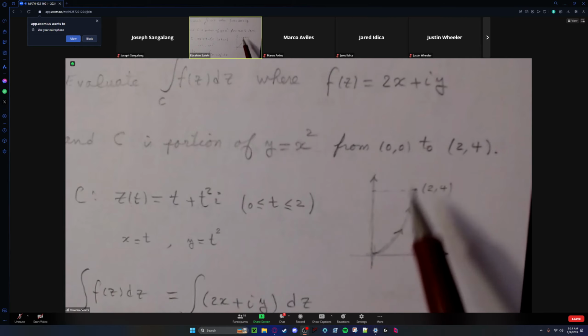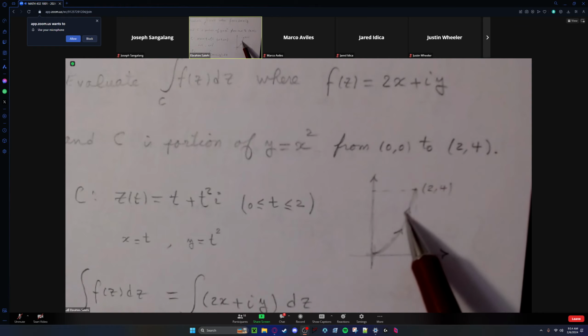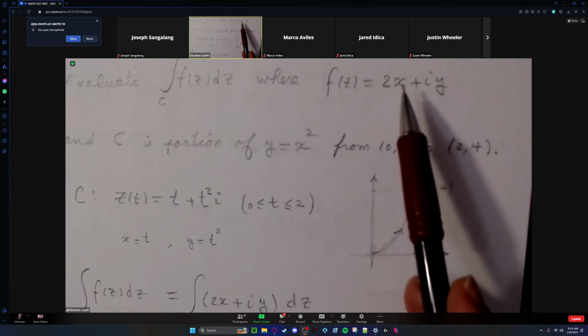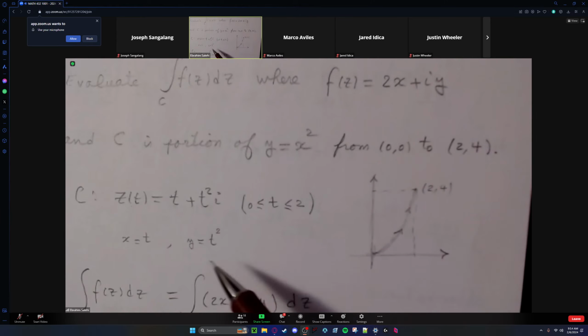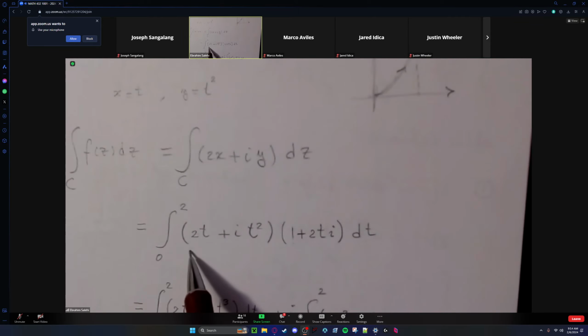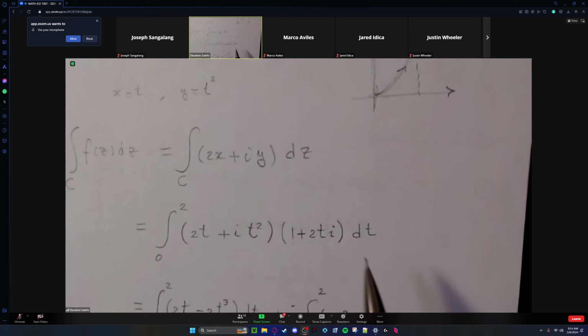So we don't want the function at this point or this point, right? Only along this curve. So you replace x by t, y by t squared, and that's what you get. And here is z prime dt.